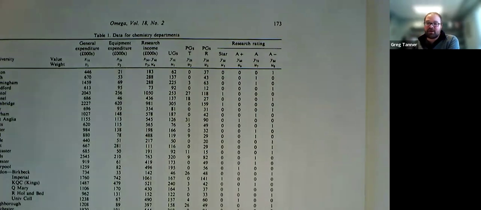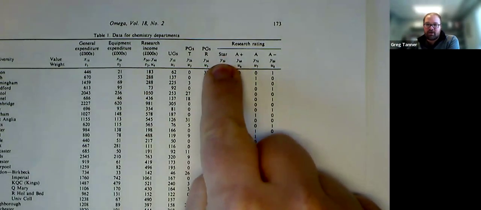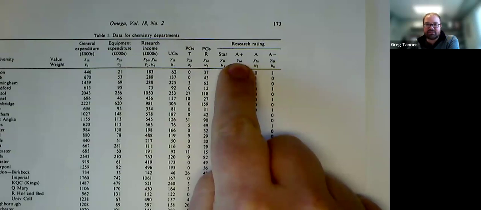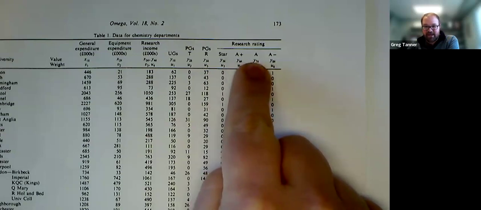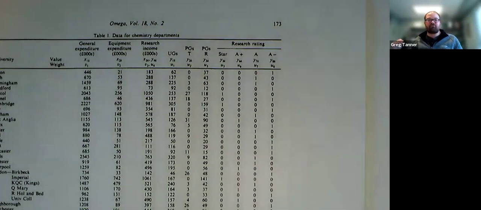Okay, but one of the things that Beasley did in this article was impose weight restrictions that made the value of star 25% more valuable than A plus, and A plus 25% more valuable than A, and A 25% more valuable than A minus. And so it enforced this hierarchy, and by doing that, it reduced the number of efficient DMUs.